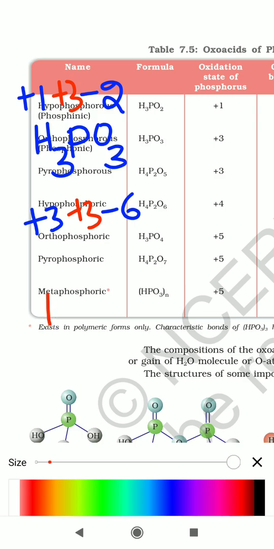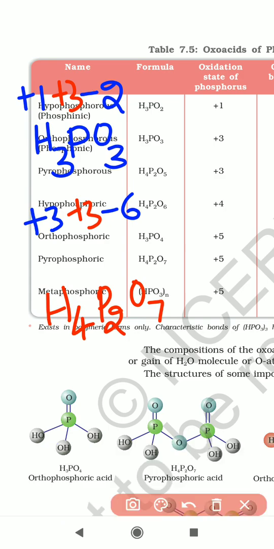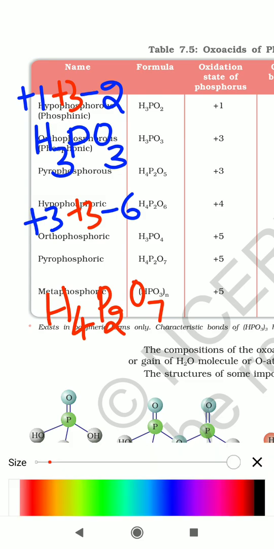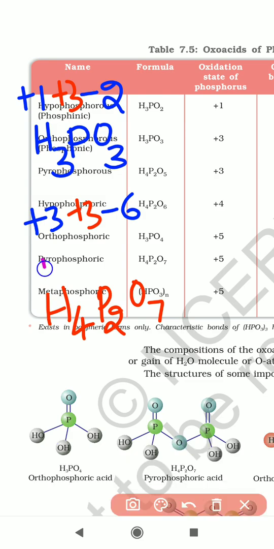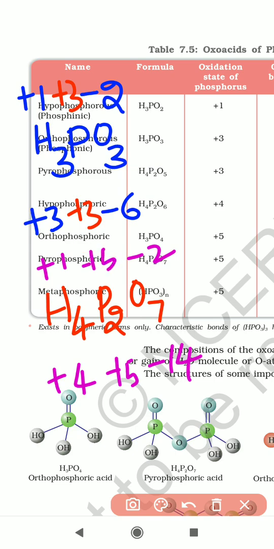If you take, for example, H4P2O7, what oxidation state does phosphorus exhibit? We already know hydrogen is +1 and oxygen is -2. So +1 into 4 is +4, and 7 twos are 14, so -14. Phosphorus exhibits +5, so 5 twos are 10.